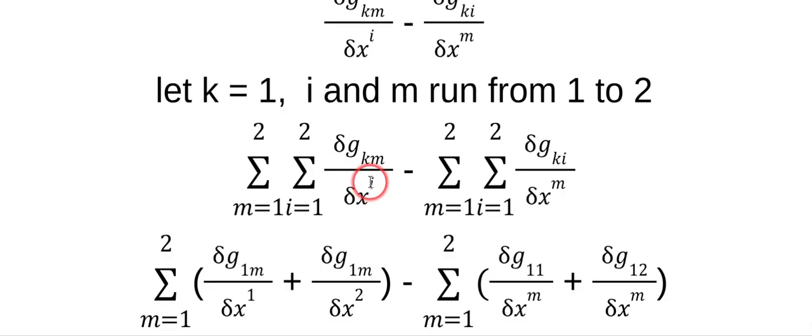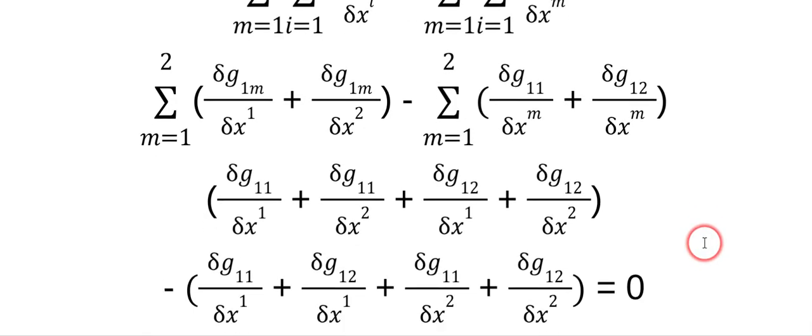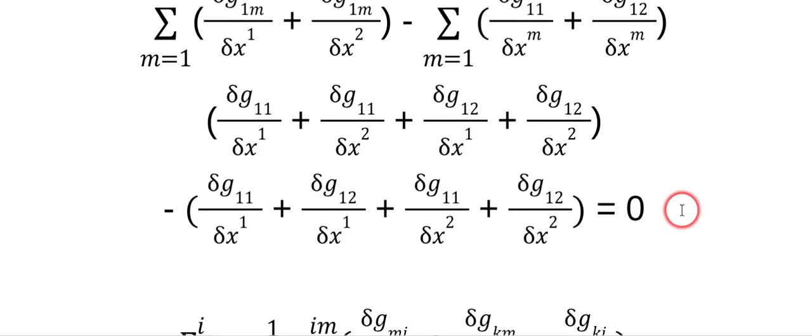Then everywhere you see an i, the first case is 1, the second case is 2. Then we sum over m, so everywhere you see an m, the first case is 1, the second case is 2, and you get this expression. And sure enough, this is equal to that, and this is equal to that, and this is equal to that, and this is equal to that. So they are the same, equal to 0. Okay, I'm happy. But it wasn't obvious to me. I had to do that.